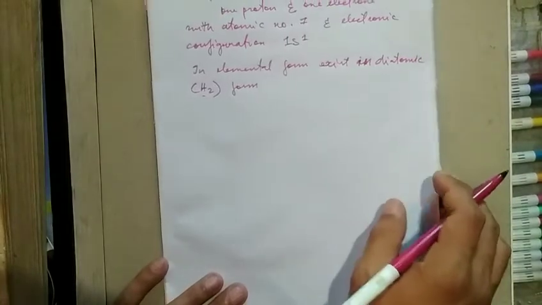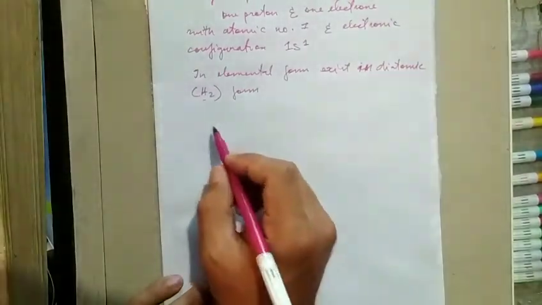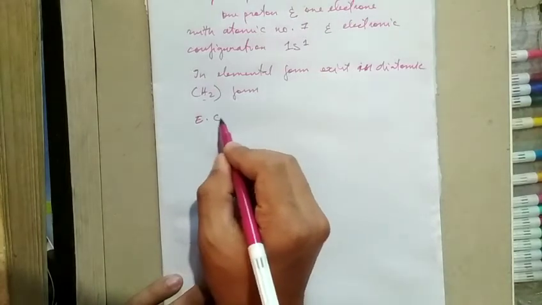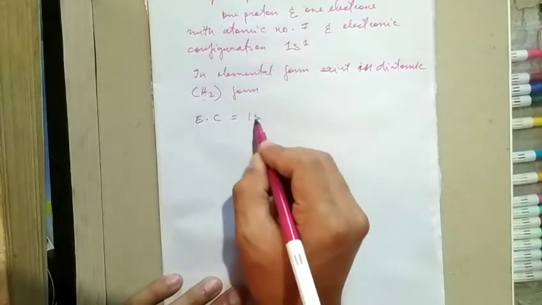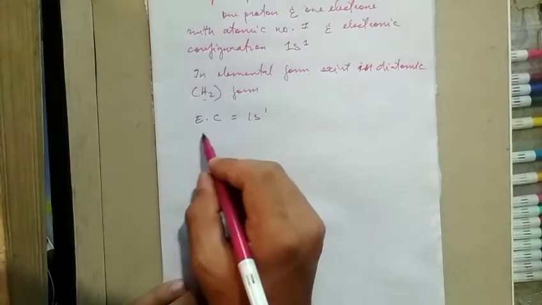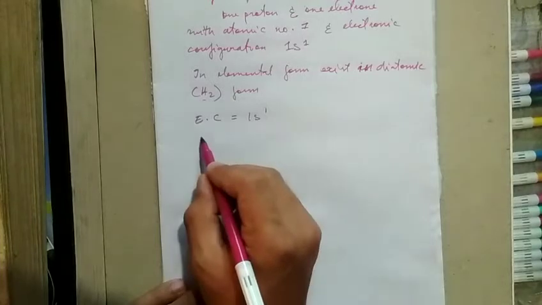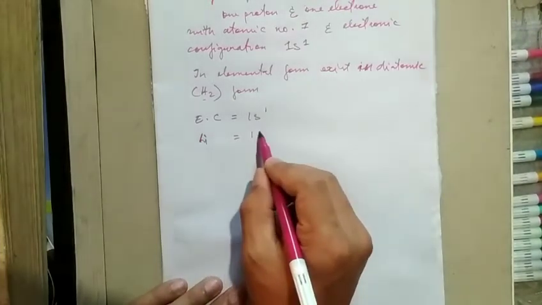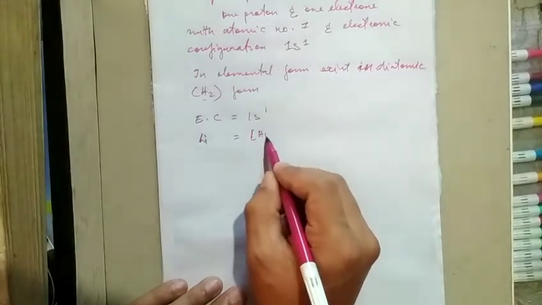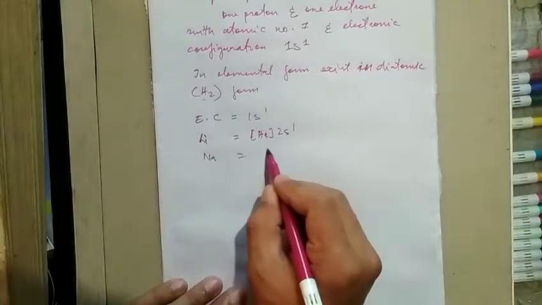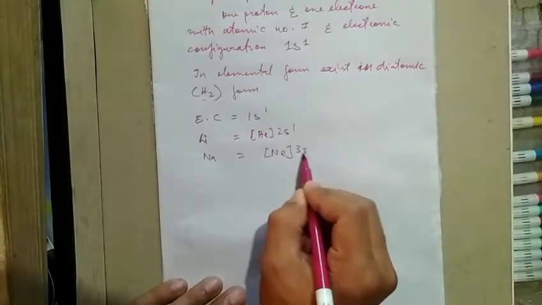Now let's see the resemblance of hydrogen with alkali metals. Let me write in short: electronic configuration, EC, of hydrogen is 1s1. Alkali metals also have similar electronic configurations. Lithium is helium 2s1, sodium is Ne 3s1.